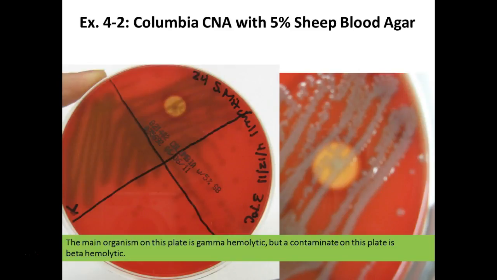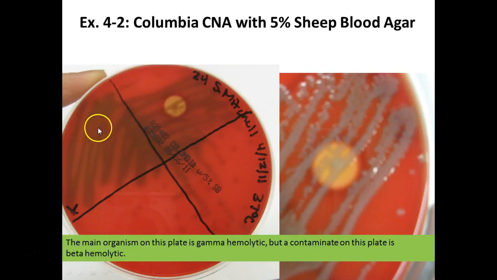So this is an interesting plate. This was a really good streak plate that a student did. But unfortunately, she probably did not hold her lid over her plate as she did her streak plate. The reason I know this is because this right here is beta hemolysis, and that's contamination. Her organism is gamma.